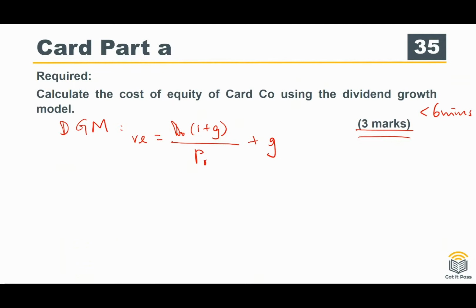So G is the dividend growth rate, D naught is the current dividend per share, and P naught is the current price per share.